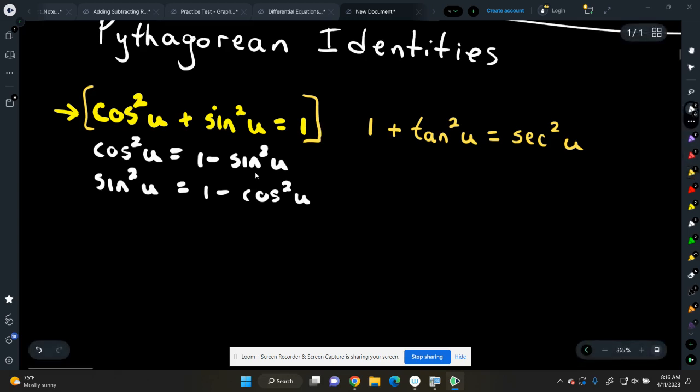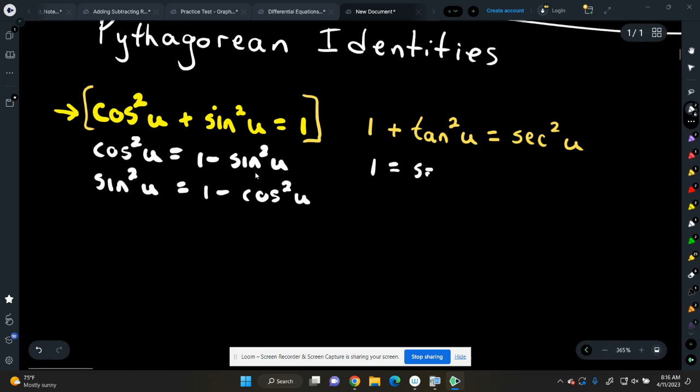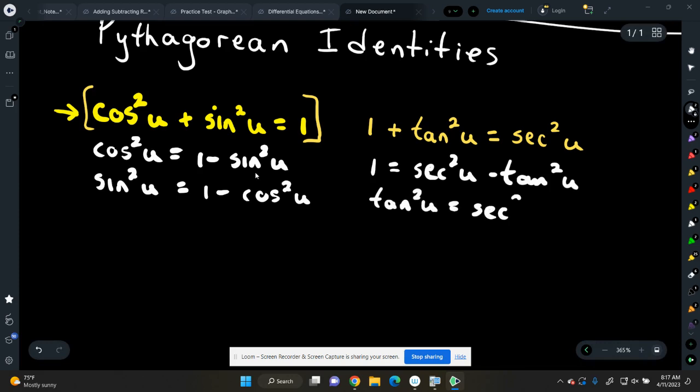And then, of course, this means that 1 is equal to secant squared minus tangent squared, right? And it means tangent squared is equal to secant squared minus 1.